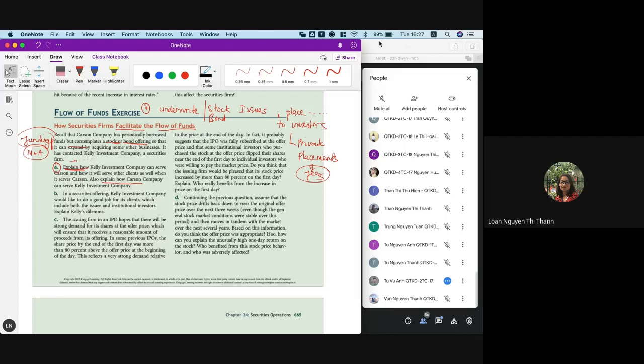Carson needs Kelly to undertake very complicated activity, high finance, requires expertise and knowledge. And Carson cannot perform the M&A without Kelly. They rely on the investment bank to perform the services.